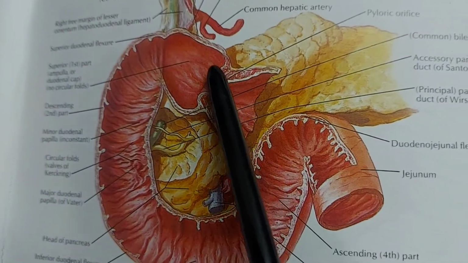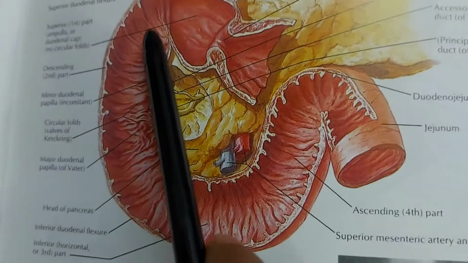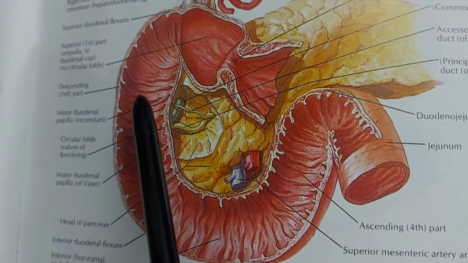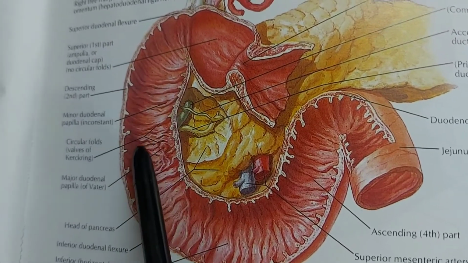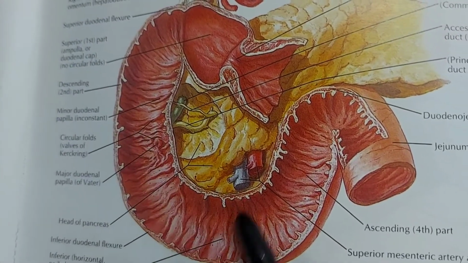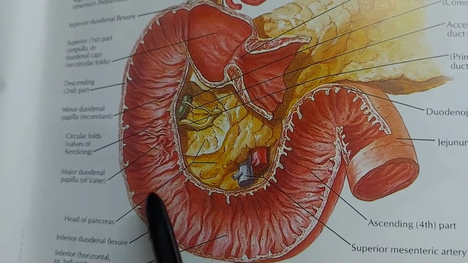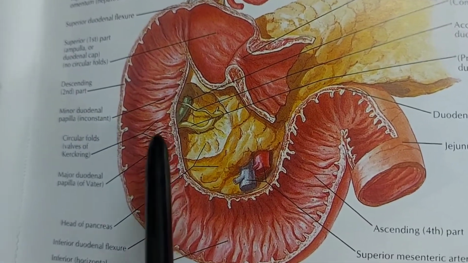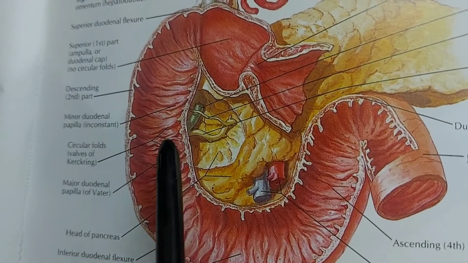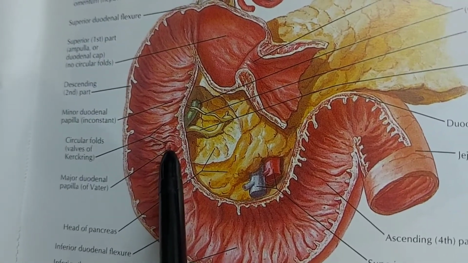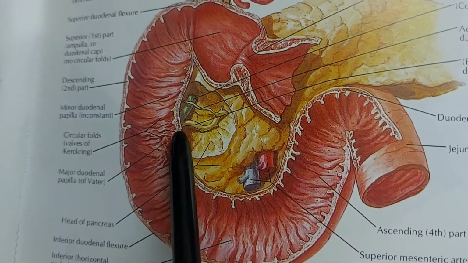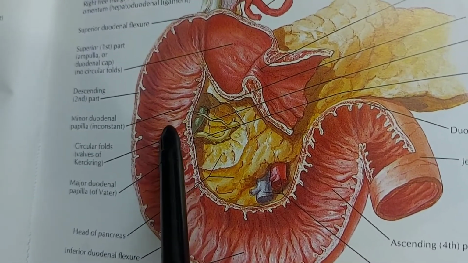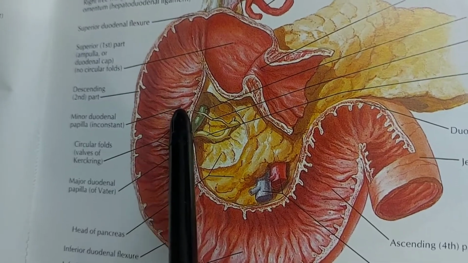Here is the first part of the duodenum, here is the second part, third part and the fourth part. Here we see there are some folds, mucosal folds within the duodenum, and here in the second part of the duodenum, we see there is a papilla. This is known as the major duodenal papilla, where the ducts open in the second part of the duodenum. There is another papilla that is known as the minor duodenal papilla.